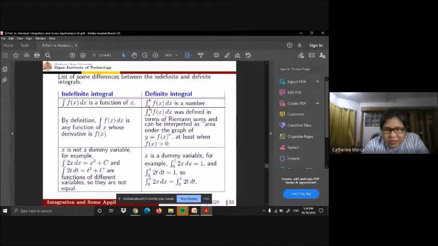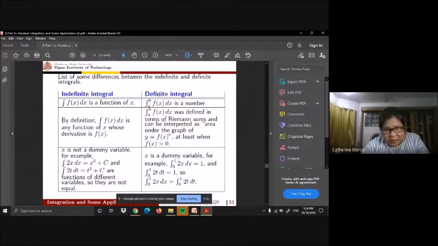For the definite integral, f of x dx is a number. Its integral is a value. The integral from a to b was defined in terms of Riemann sums and can be interpreted as area under the graph. Okay? The integral sign actually means the sum, an elongated S, the sum of the area under a given curve.